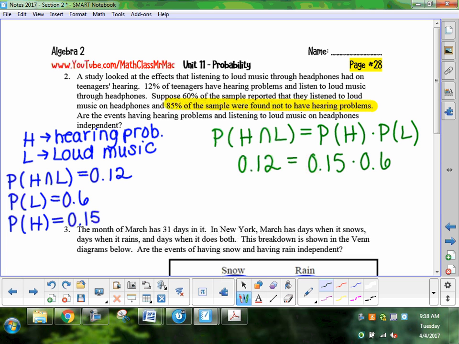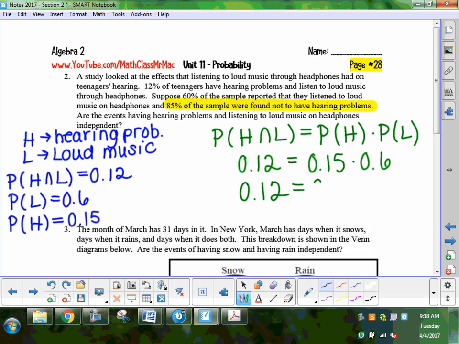So multiply those together on the right-hand side. And Riley, let us know what you get. Are they equal to each other? No, they're not. So are the events independent from each other?